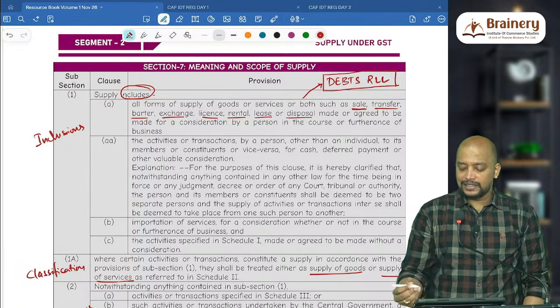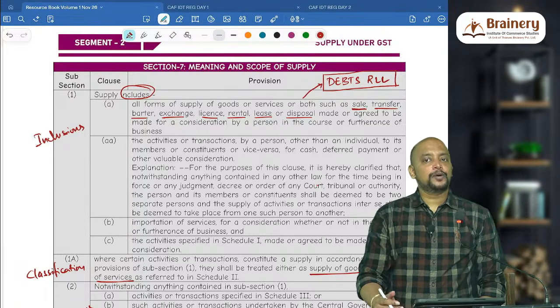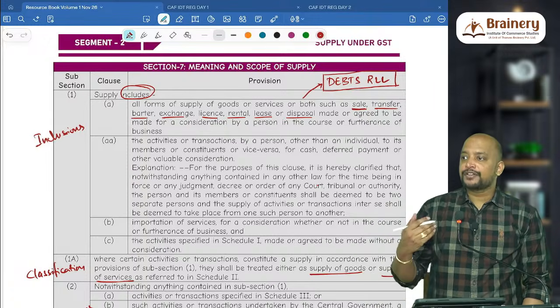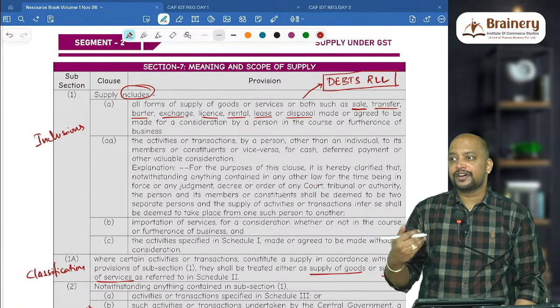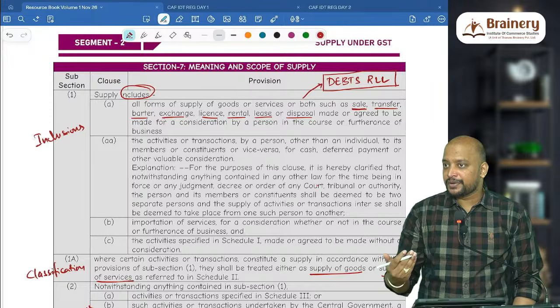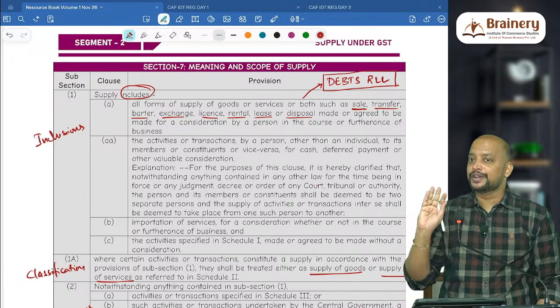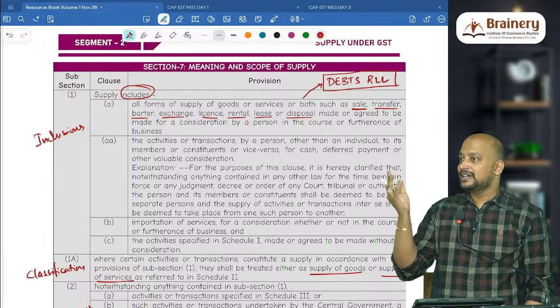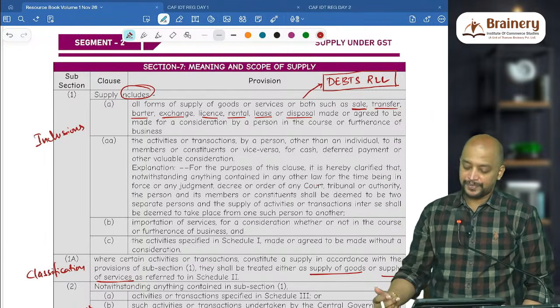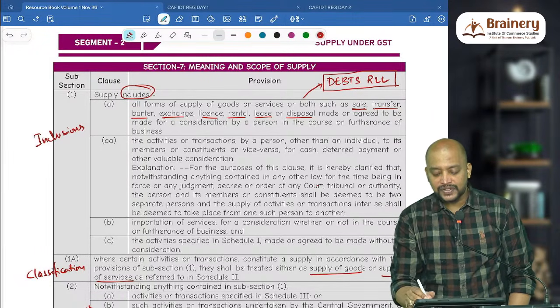What is sale? You know, transfer of property in goods from one person to another person for cash, for deferred payment or any other valuable consideration. Somewhere in foundation, in childhood, you would have studied the Sale of Goods Act. There we have the sale definition. Then what is transfer?